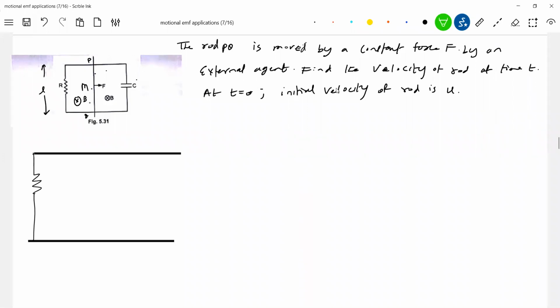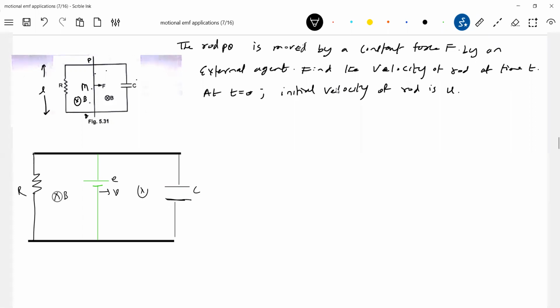The moving rod I'll replace with a cell, and there's a capacitor. This is R, this is E, and it is moved with a speed v.